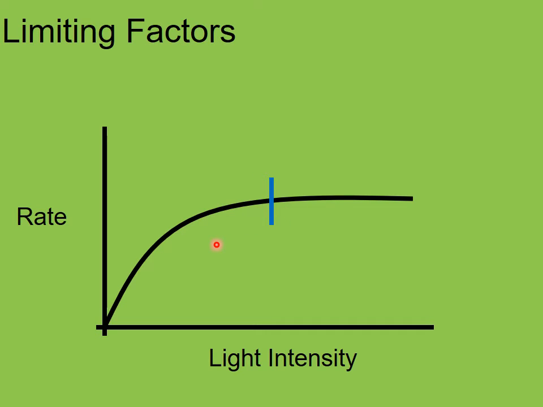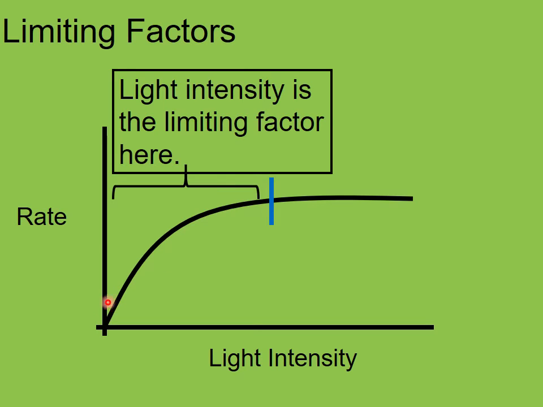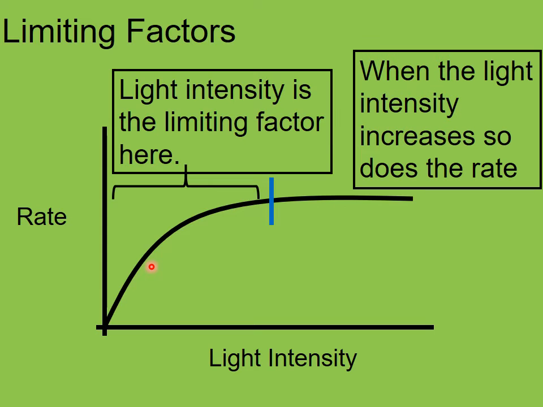So the first thing that we'd want to think about is the fact that in this initial region we would be saying that light intensity is the limiting factor because, and this is where you need to consider why, when we increase the light intensity, we increase the rate of photosynthesis. So increasing the light intensity increases the rate of photosynthesis, therefore it is the thing that was stopping the rate of photosynthesis from going at its maximum, so therefore it is the limiting factor.